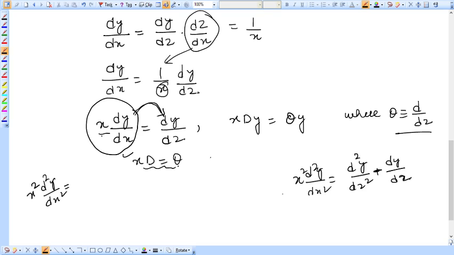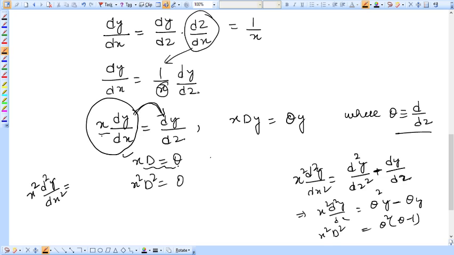So this can be written as theta square y minus theta y, so theta outside and theta minus 1 inside. So we can write x square d square as theta into theta minus 1, and x cube d cube comes equal to theta into theta minus 1 into theta minus 2.